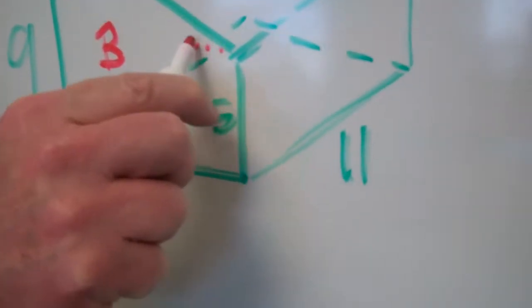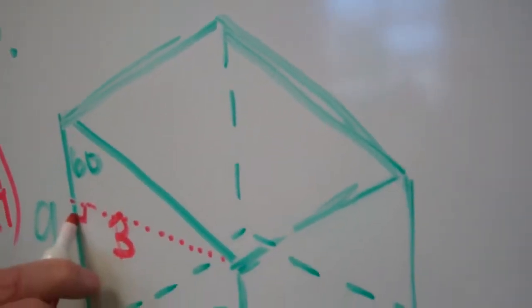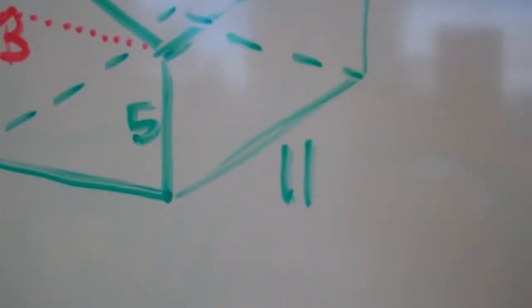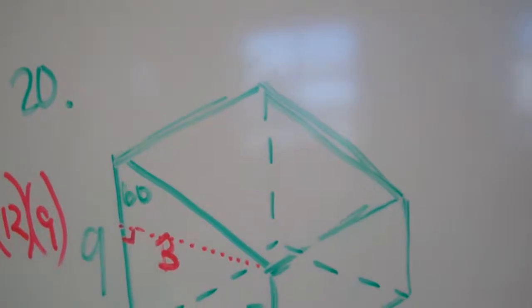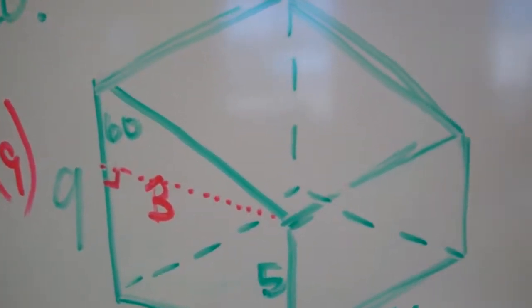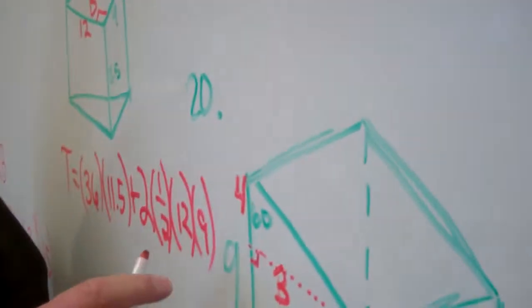I think we're going to have to make a little 30, 60, 90 across here, Morgan. Are you ready with your calculator? Do we know any of the sides of that 30, 60, 90? Yes. I'll give you a hint. The short leg is 4. Alright? That part's a 4.